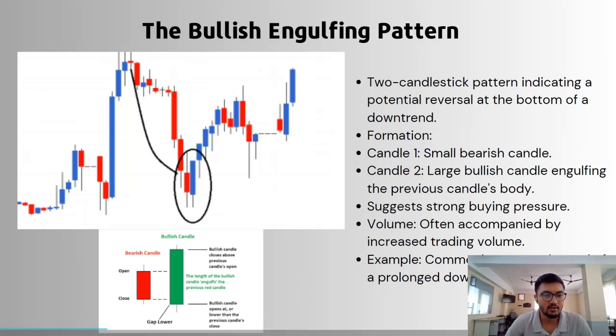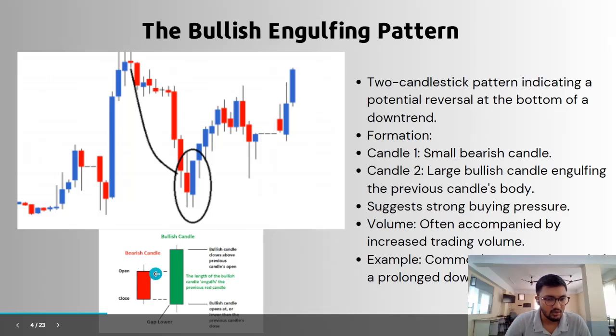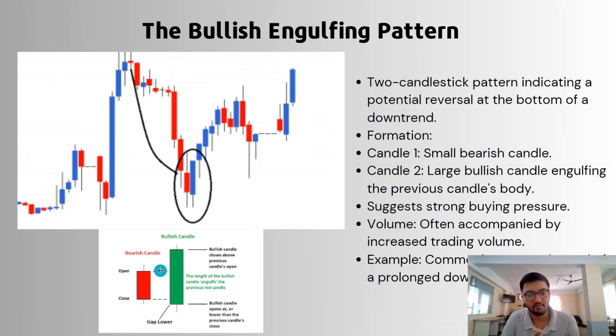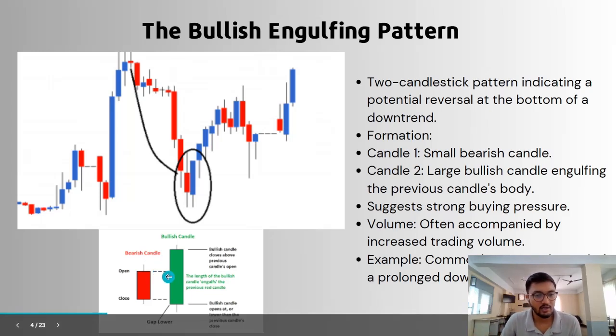In bullish engulfing, you can see there's a candle which has an open and close. You can see it's a red candle, and bullish engulfing means the market is going to go up. It appears after a red candle, and you can see this candle has already engulfed this particular small red candle.